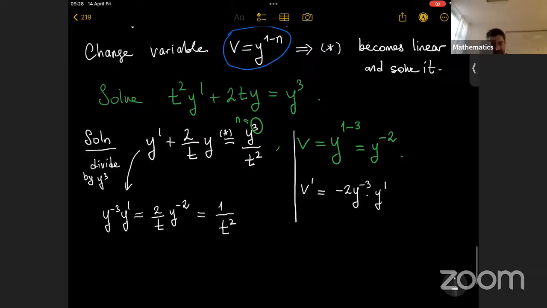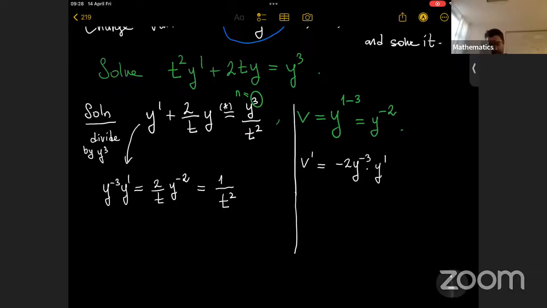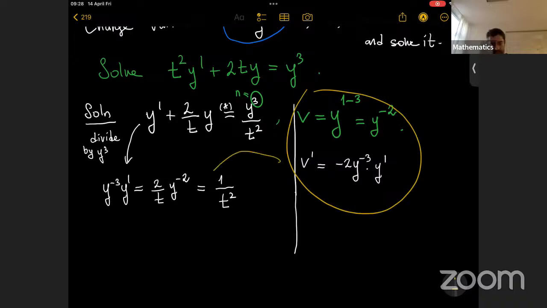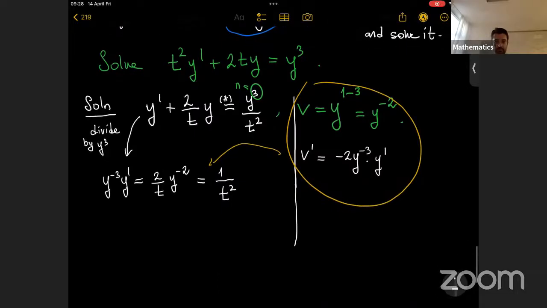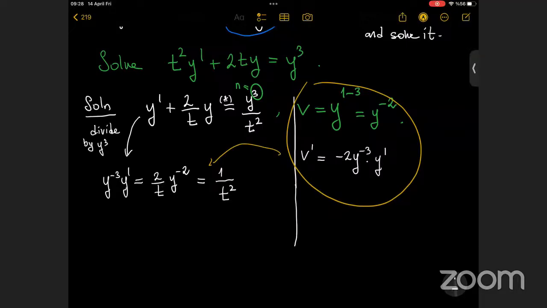Now you see here, we will use this side and put it back in here, okay? Y to the minus 3 times y.